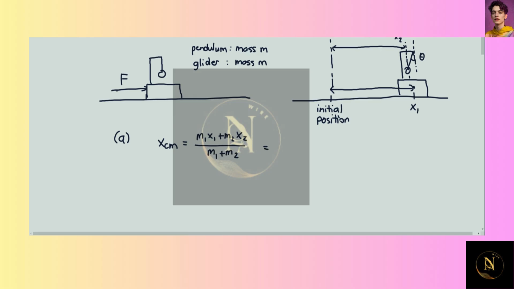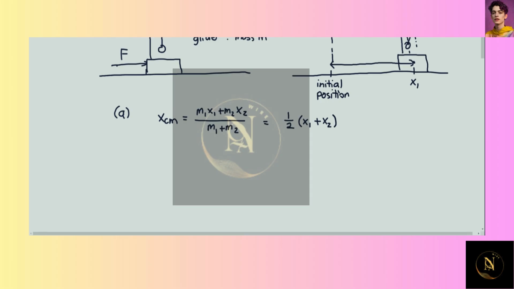Since m1 and m2 are the same, XCM will just be half times x1 plus x2. Then we also want the ACM. From Newton's second law, F net equals the total mass times ACM, so this gives ACM equals F over 2m.